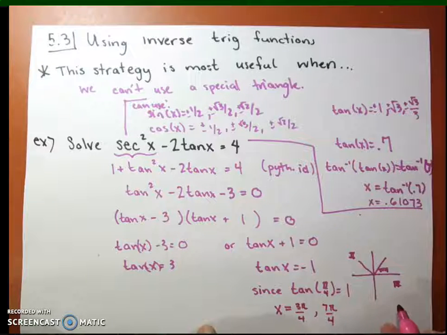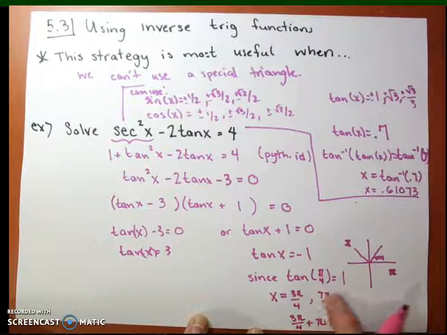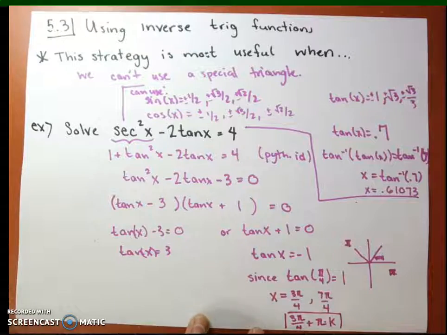And to get the general solution of this, well, the period of tan is pi, so I can just put 3 pi over 4 plus pi times k, and that encompasses this one as well, because 3 pi over 4 plus 1 times pi is 7 pi over 4. So that should be enough.